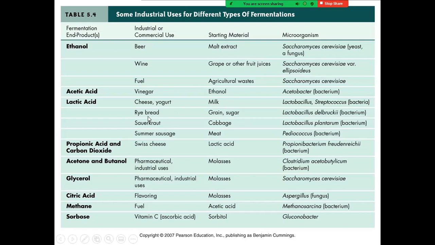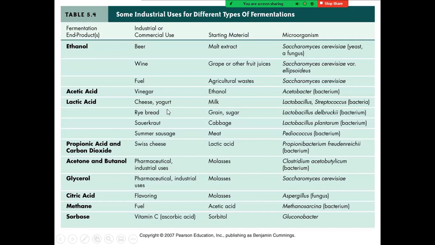Lactic acid fermentation is the one we talked about, and it makes vinegar. Excuse me, that's not lactic acid fermentation. It makes yogurt and cheese, rye bread, sauerkraut, summer sausage, and most of our fermented foods happen by lactic acid fermentation.